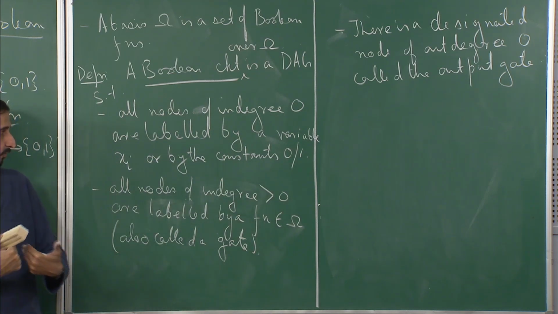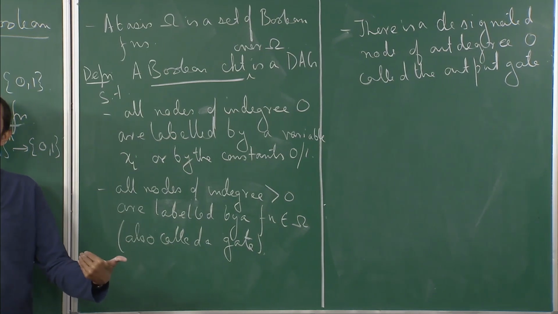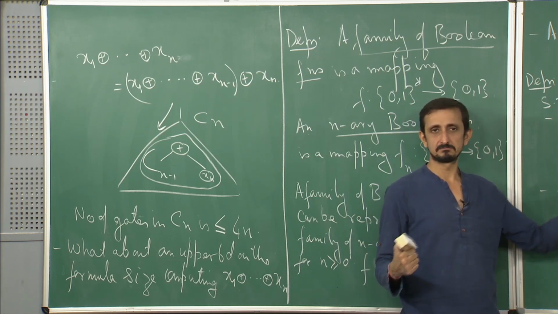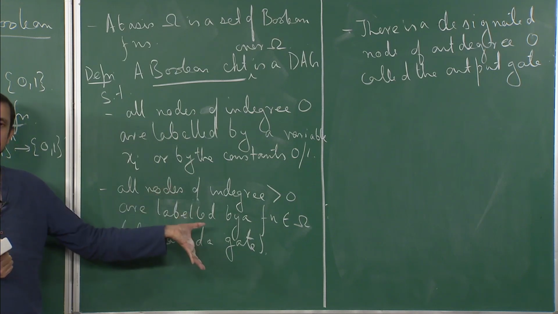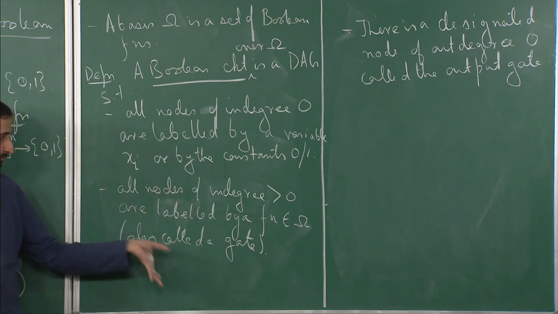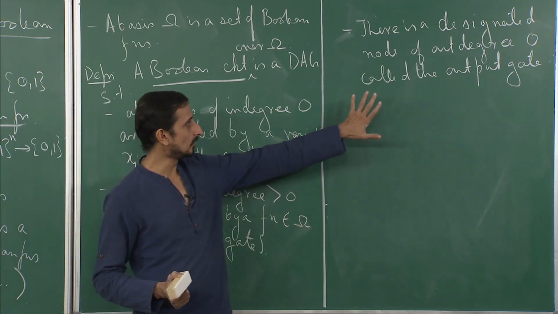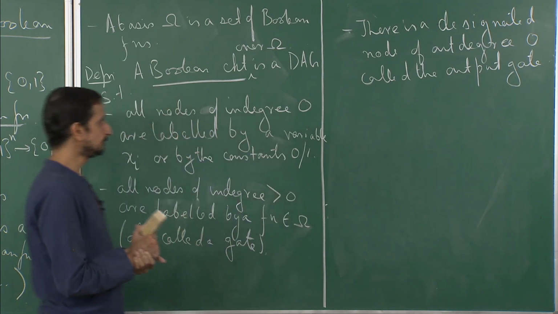So each node of in degree 0 is called an input node. So it can either be labeled with a constant 0 or 1, or it can be labeled by one of the variables that are present. All the nodes that have in degree greater than 0 are labeled by a function also called a gate belonging to sigma, and there is a designated node called the output gate, that is a node with out degree 0.